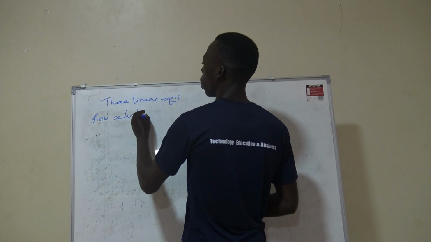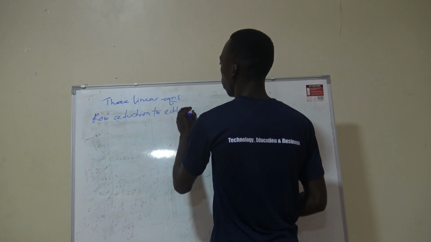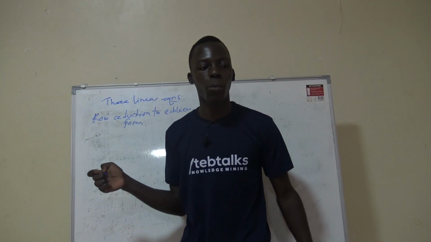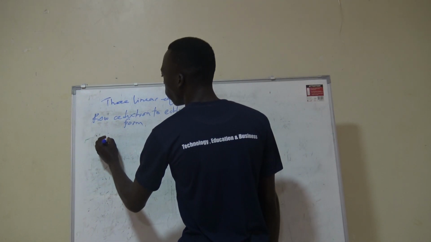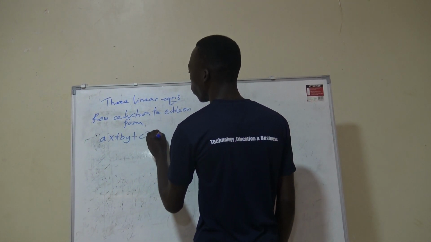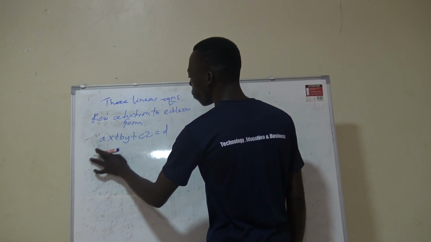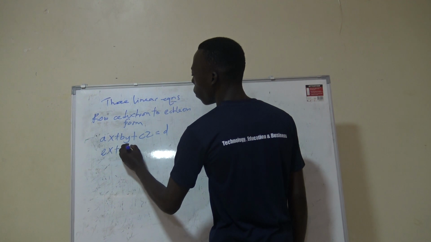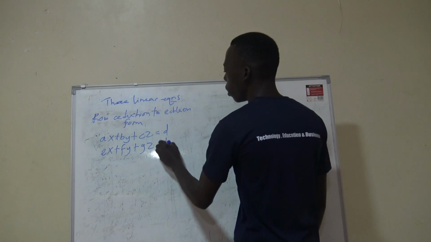to echelon form. In this case, we said that we use both matrix and elimination, whereby they give the equation in the form ax plus by plus cz equals d, then another equation in the form ex plus fy plus gz equals h.